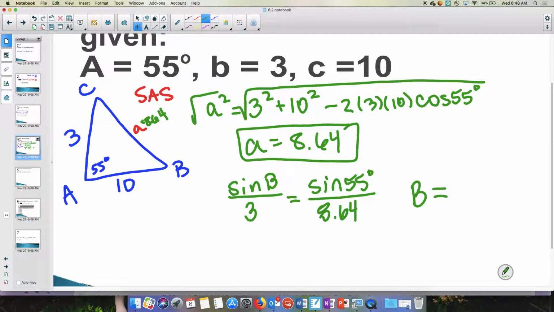What do you get down? Did you do the inverse sine of that? Okay. 16.53. Question about their calculator and getting to the 16.53. Really?